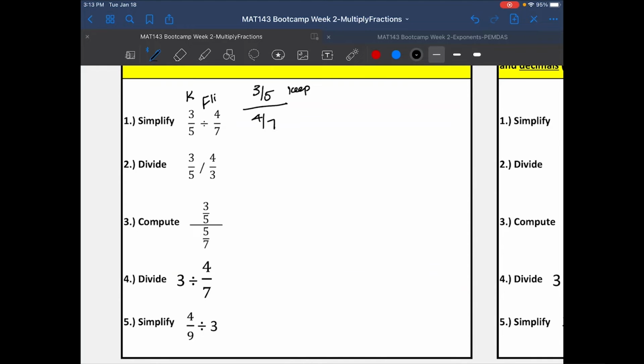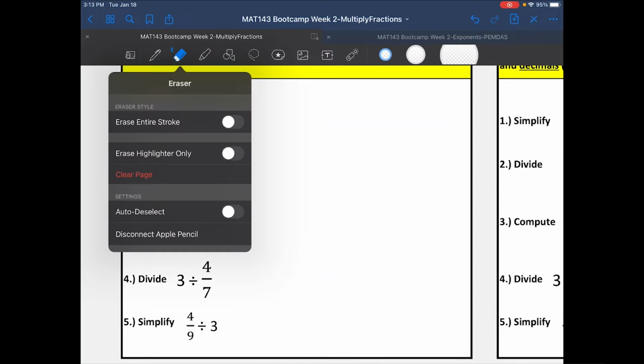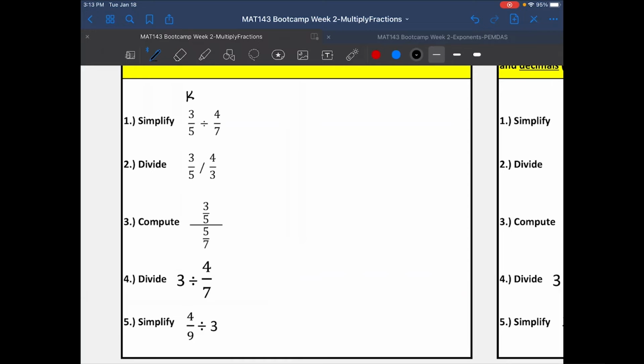We flip the division into a multiplication. Sorry. Let me change my words here and not say flip yet, because it is like we're flipping. Keep, change, and flip.